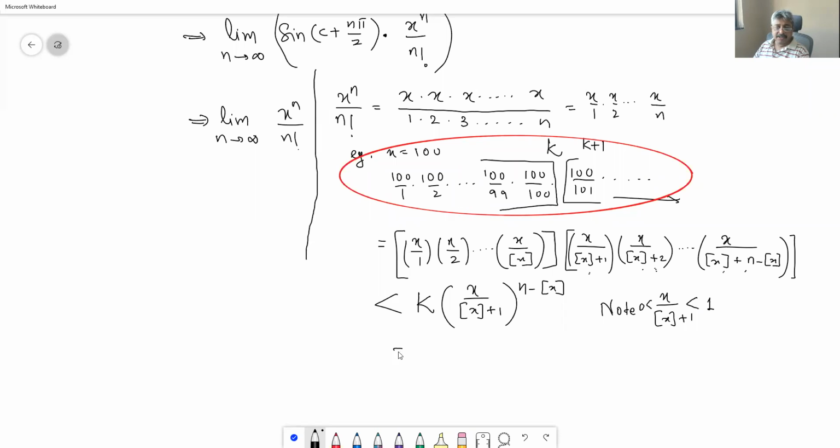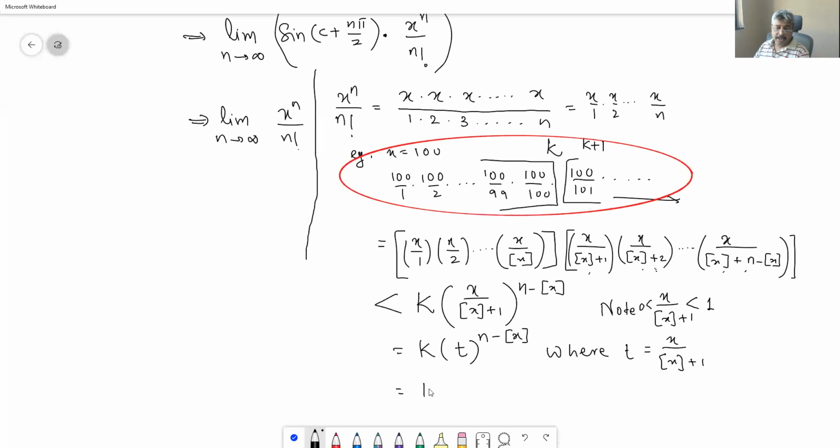So we consider this equal to k times t raised to n minus greatest integer x, where t is equal to x upon greatest integer x plus 1. Again, t is a fraction which is less than 1.